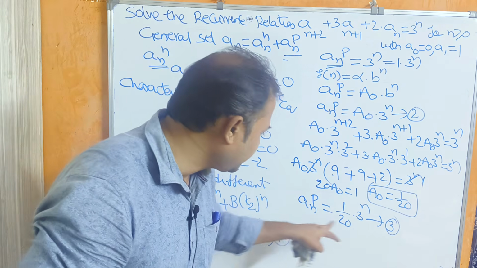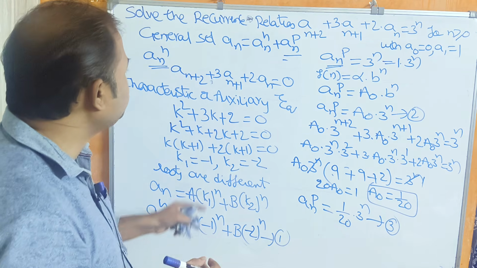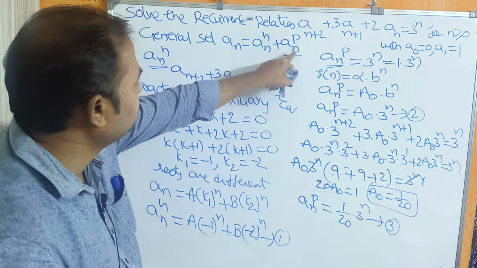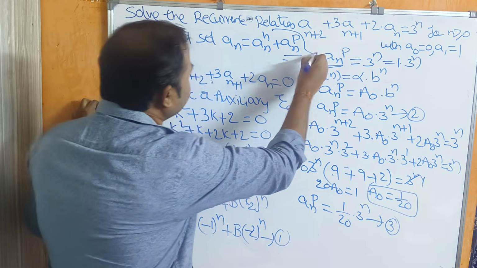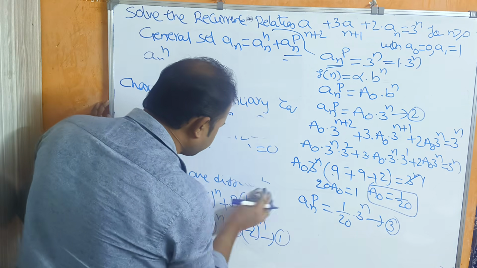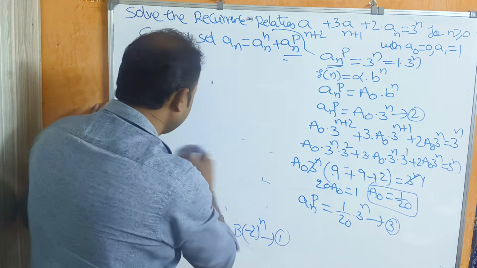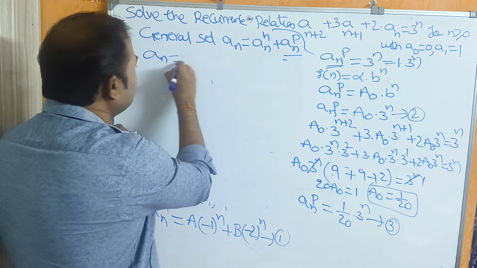So now we got a_n^p as well as a_n^h. Now we need to substitute a_n^h and a_n^p in this equation. What is the general solution for the non-homogeneous recurrence relation? This is the recurrence relation. So a_n equal to a_n^h plus a_n^p.